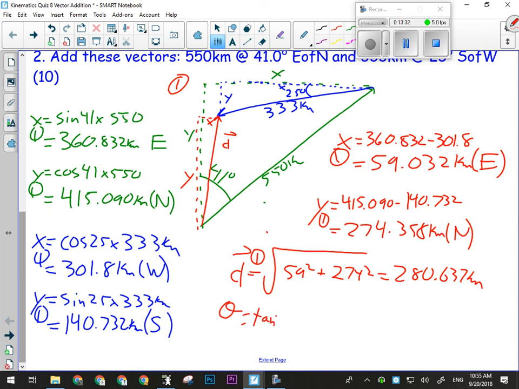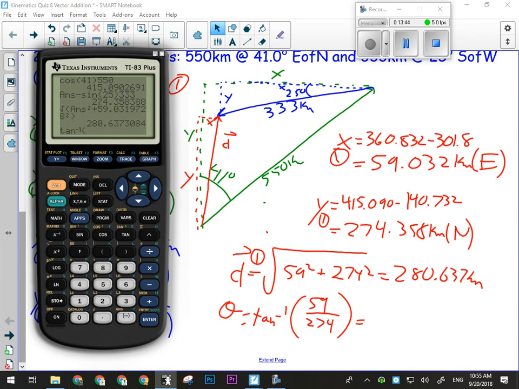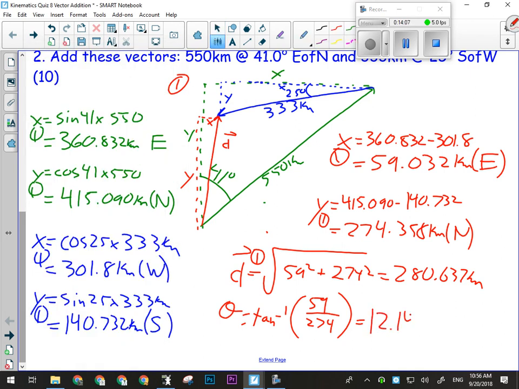Theta is going to be tan to the minus 1 of the opposite side, which for me was x, so 59 over y, which was 274. Okay, so we are looking at an angle for me of 12.14 degrees. And for me, that is east of north. Okay, so 1 mark for that step.